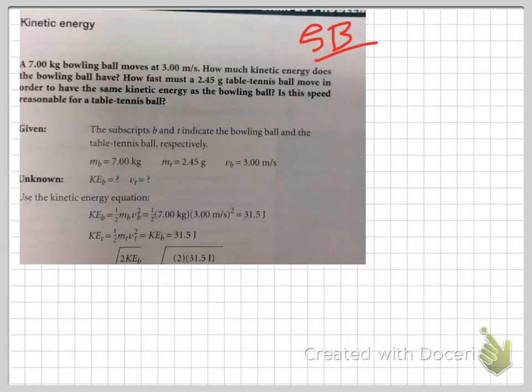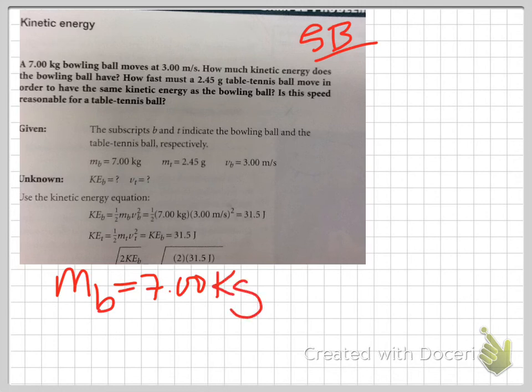Moving at 3 meters per second, how much kinetic energy does the bowling ball have? How fast does a 2.45 gram table tennis ball have to move to have the same kinetic energy as the bowling ball? Is this speed reasonable? So we're going to start off. We have mass of the bowling ball, 7.00 kilograms.